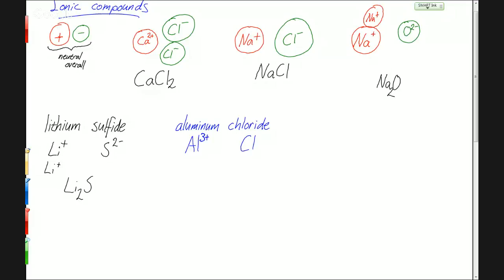Plus 3, right? And what about chloride? Minus 1. It's got 7 valence electrons, so 1 more makes 8, so minus 1. All right, how do we bring those 2 ions into balance so that the overall compound is neutral? Right, more chloride. We need 2 more chloride.